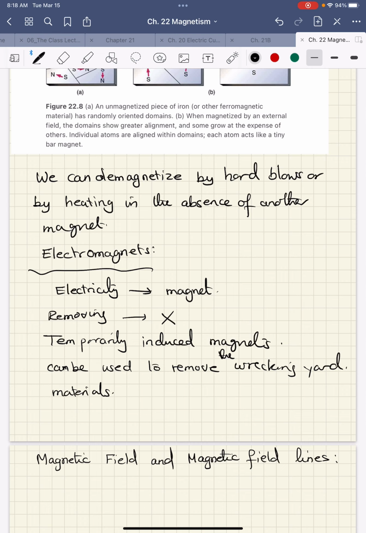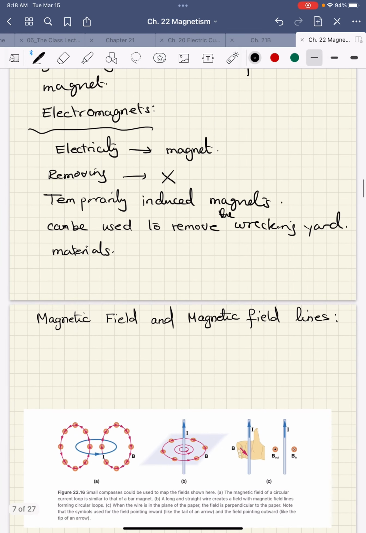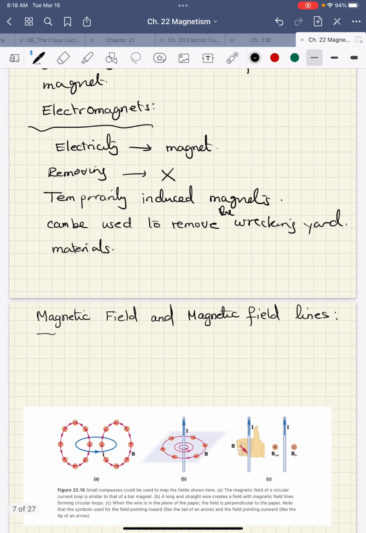Something really important is the magnetic field and magnetic field lines.